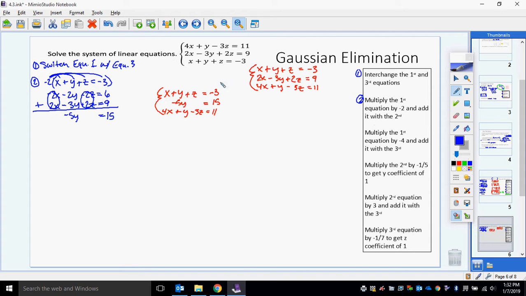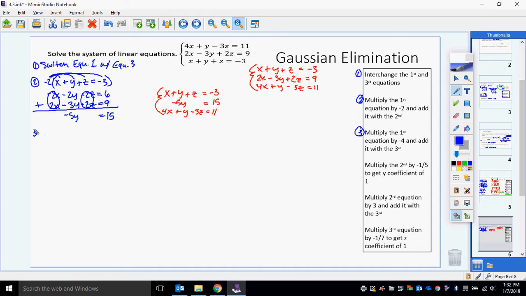Now, how do I take this system and get rid of this x in the third equation? Well, I have to eliminate it with another equation. So I need to use the only other equation with an x. So I need to use equation 1 to help me get rid of this 4x, just like I did in step 2. So step 3, what does this x value need to be? It needs to be a negative 4 since this is a positive 4.